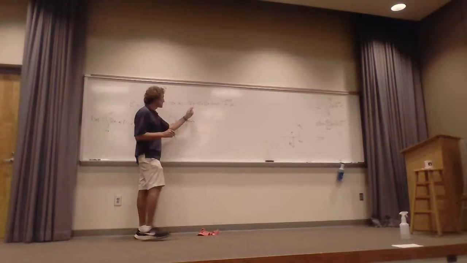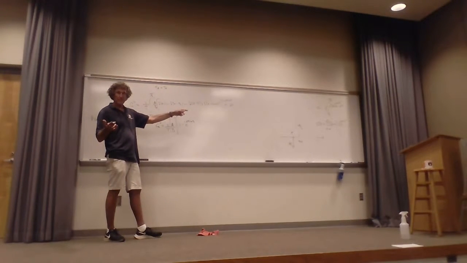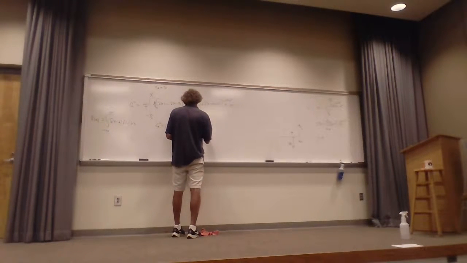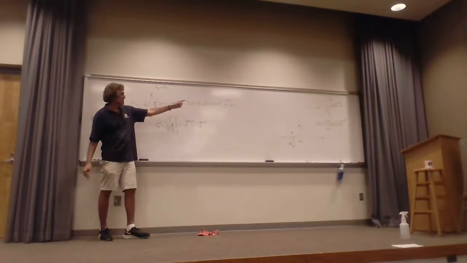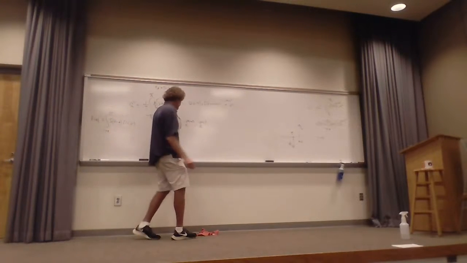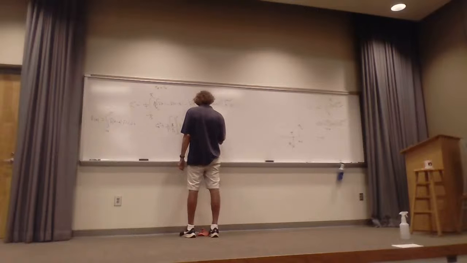The next one turns on at tau, so it's minus e to the minus j n omega naught tau. And the final one turns on at tau plus tau rise, so that one's plus e to the minus j n omega naught times the quantity tau plus tau rise.